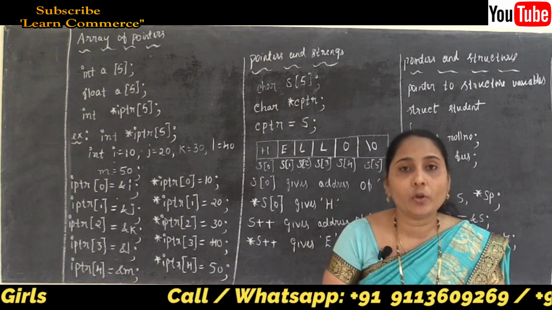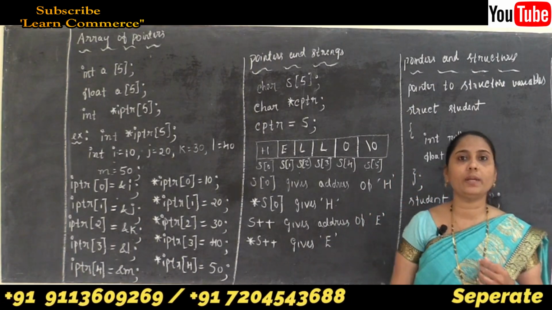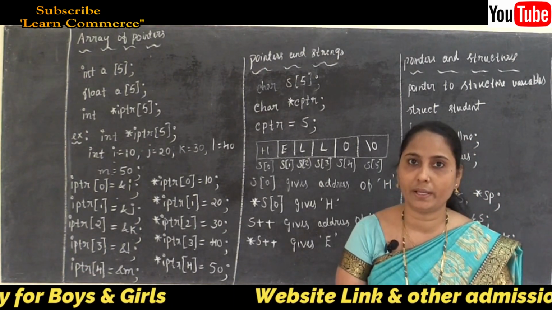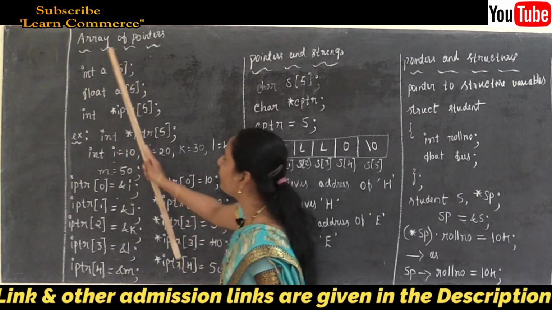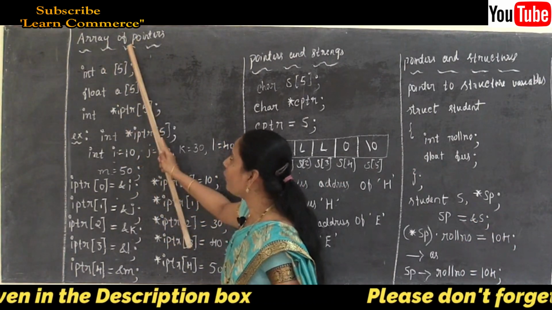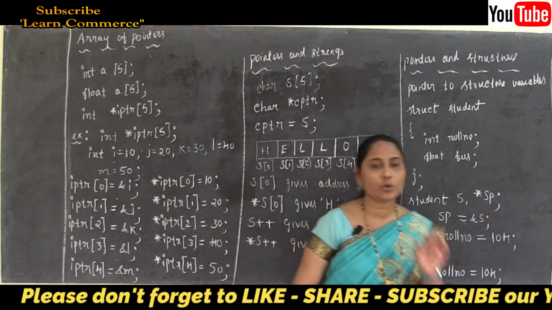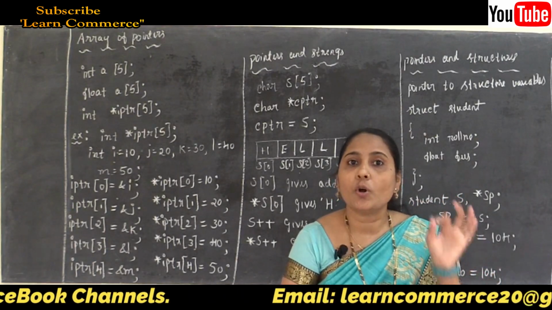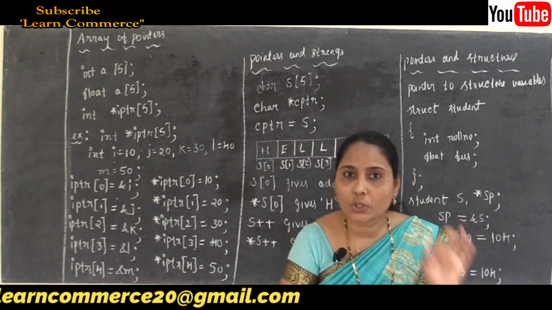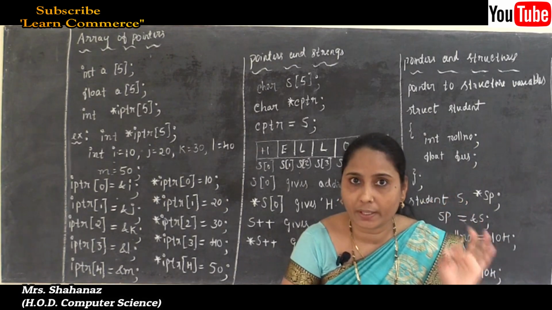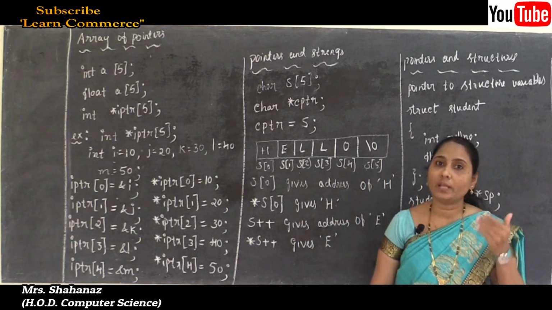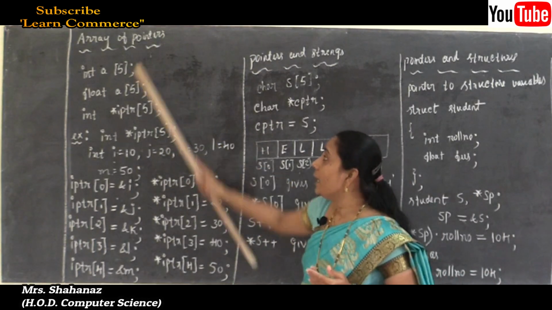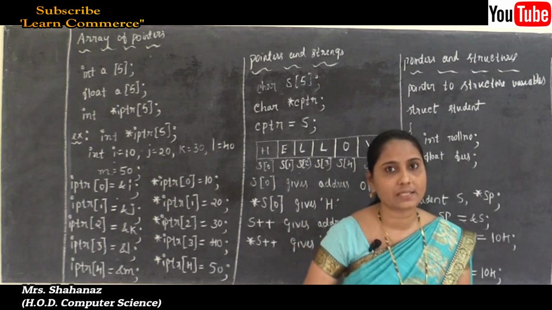We know that a pointer is a variable which stores the memory address, the address of another variable. So a pointer is a variable which stores the address of another variable, and the array of pointers is a collection of addresses.